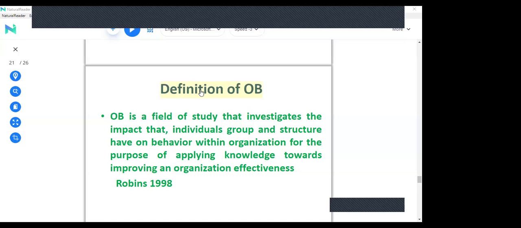Closely means why that earlier period, like 1998, that Robbins one, why he explained or defined this definition like this, because the real idea is close reading.